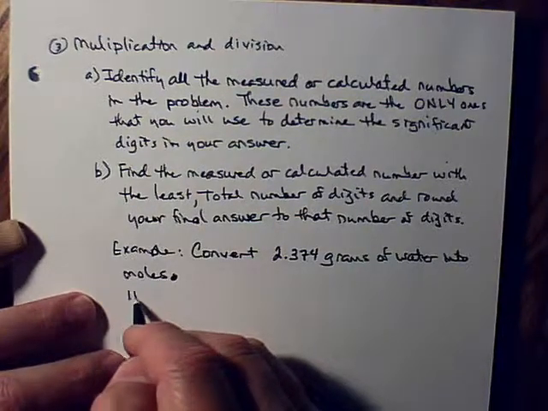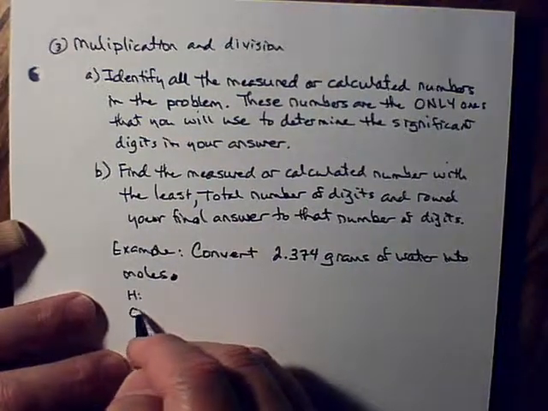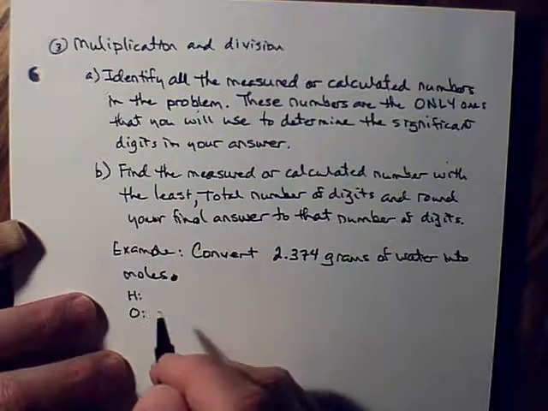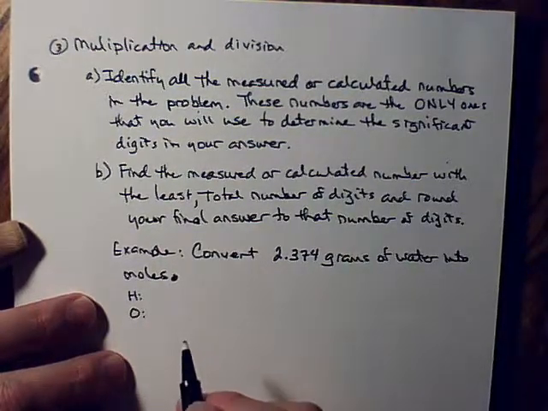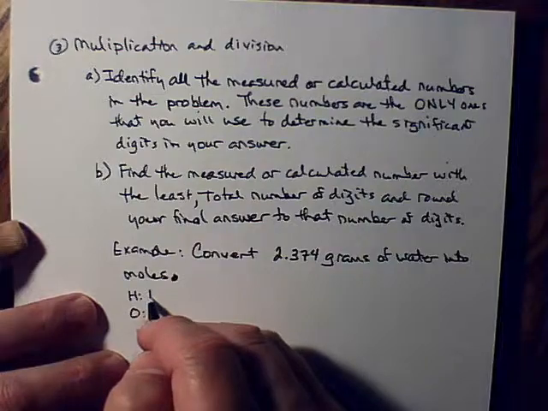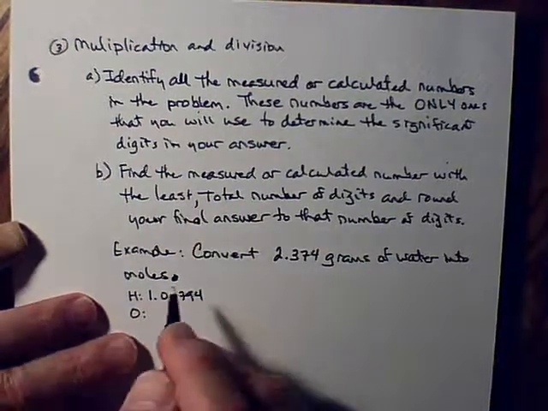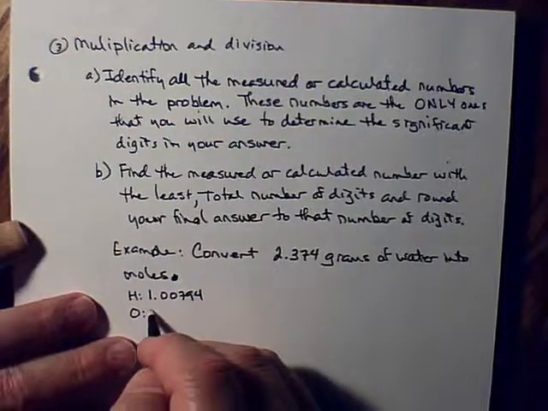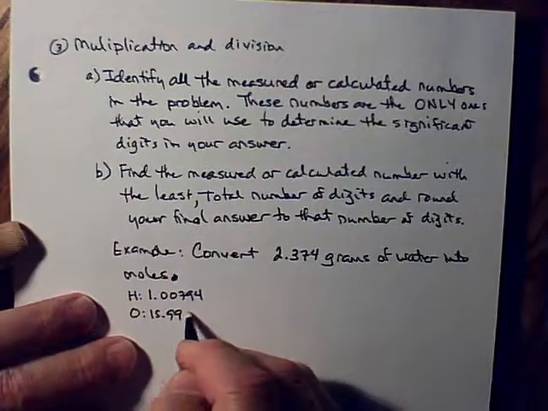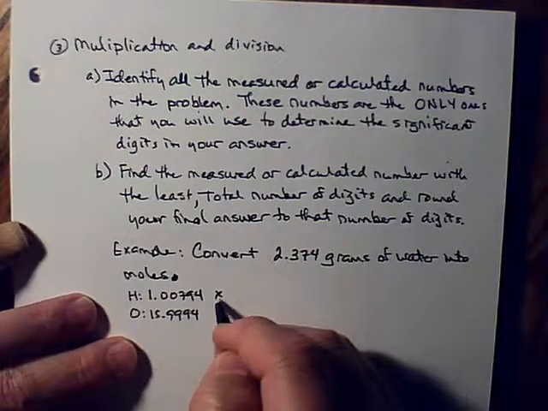Water is H2O, so to find the molar mass, we need 2 hydrogens and 1 oxygen. Hydrogen's atomic mass is 1.00794 on your periodic table, and oxygen is 15.9994.